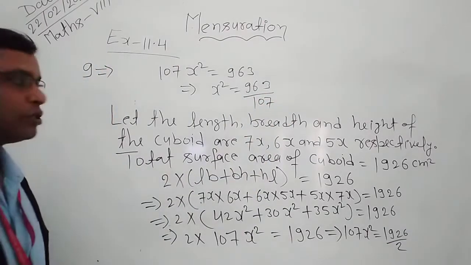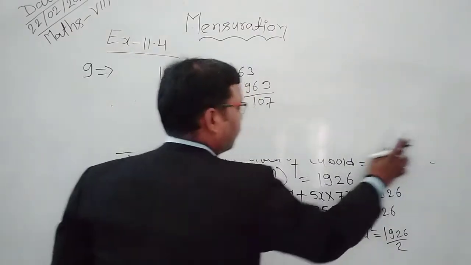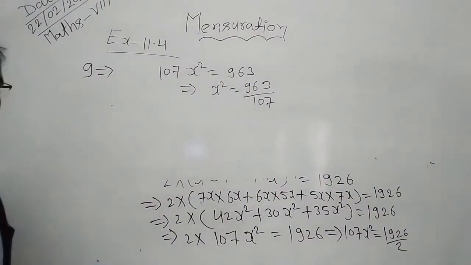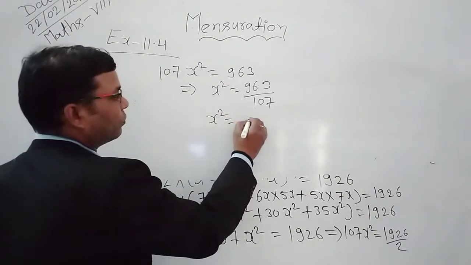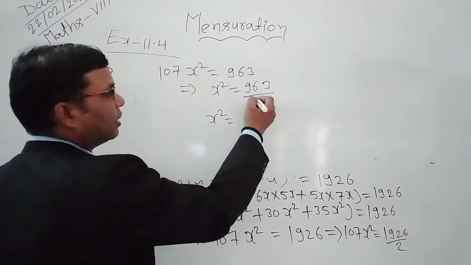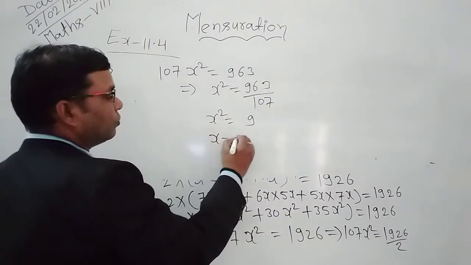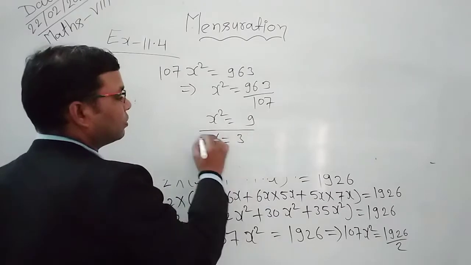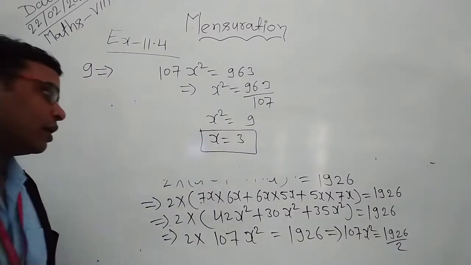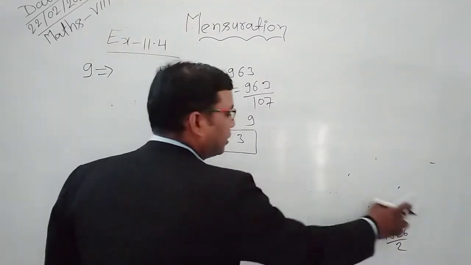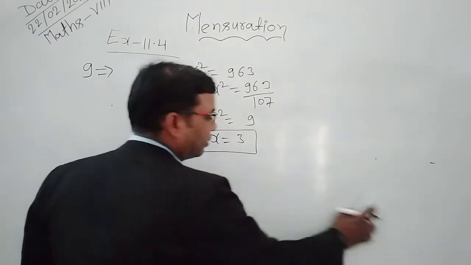Okay, if you simplify it, if you divide it, then you get x square is equal to 9, or you can say x is equal to 3. So here we get the value of x, and you need to find the length, breadth, and height of the cuboid.